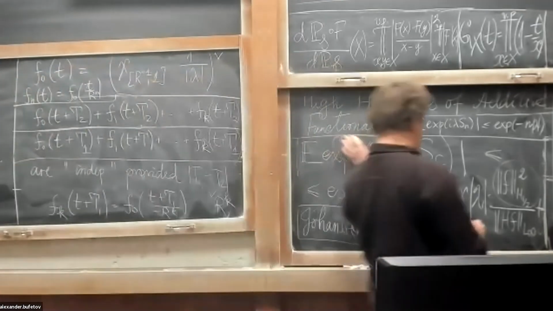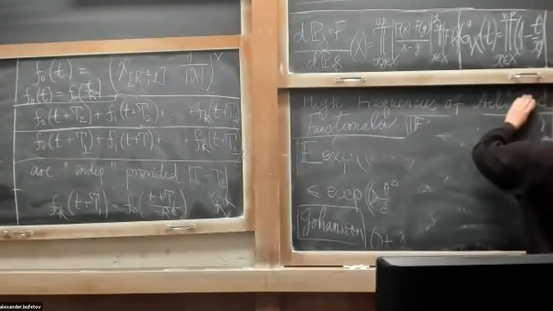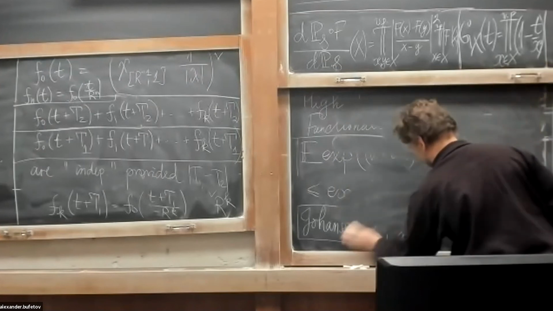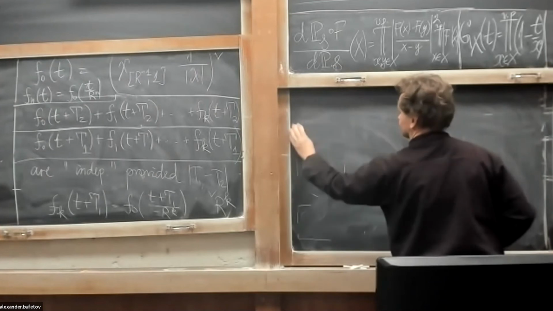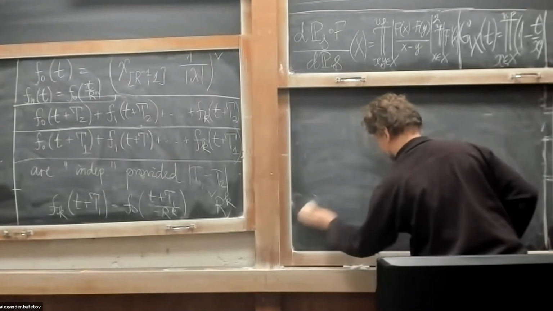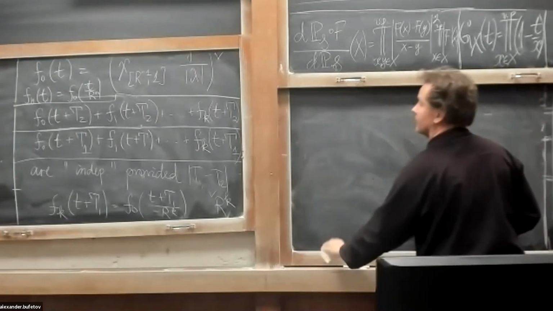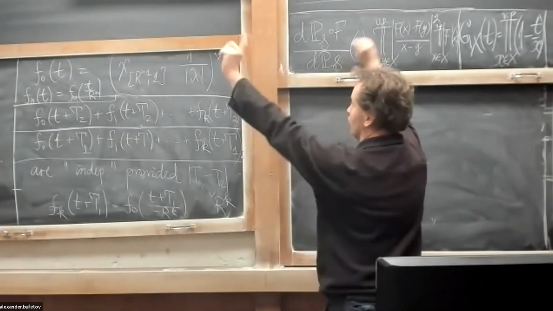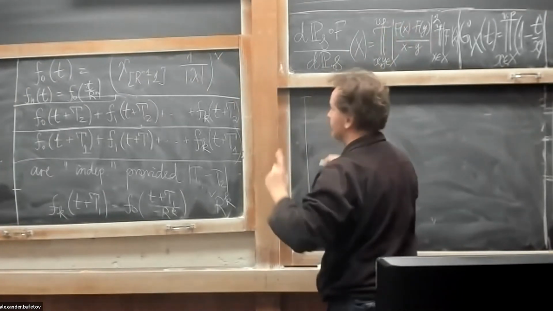Okay, so now comes the key step, the hierarchical independence, and with this we close for today. Following Kistler, we consider this sum.